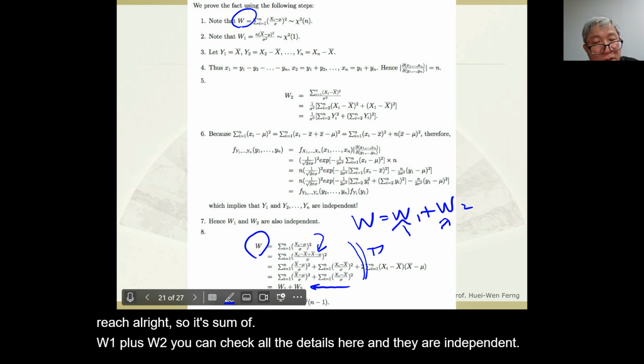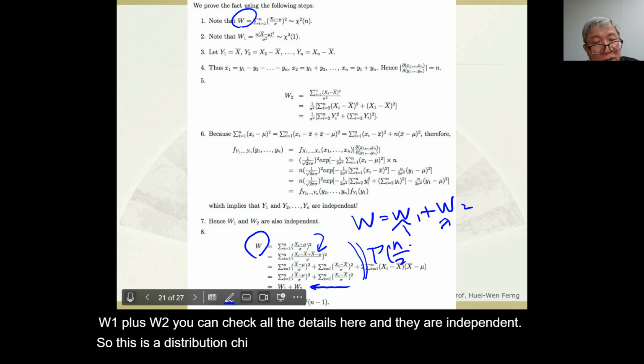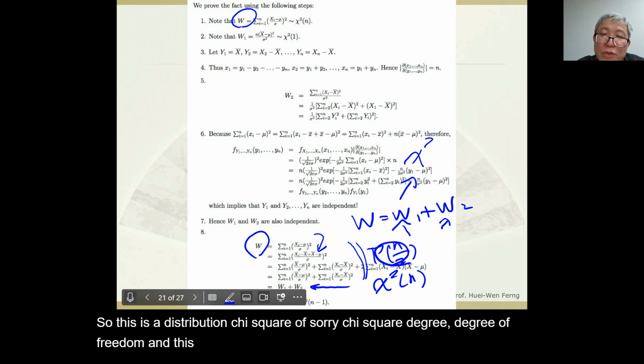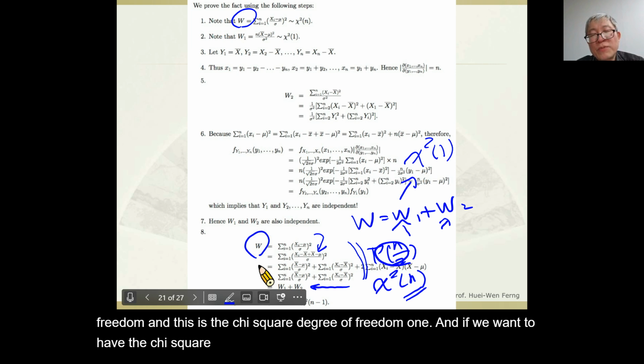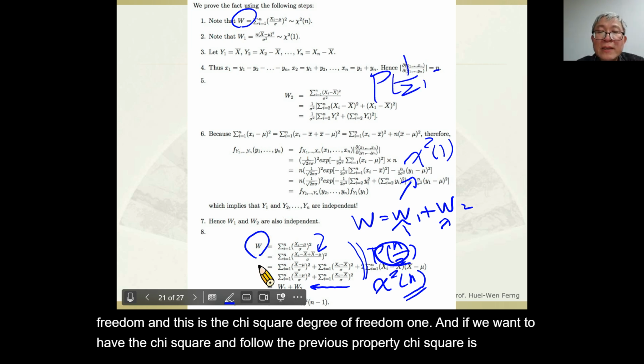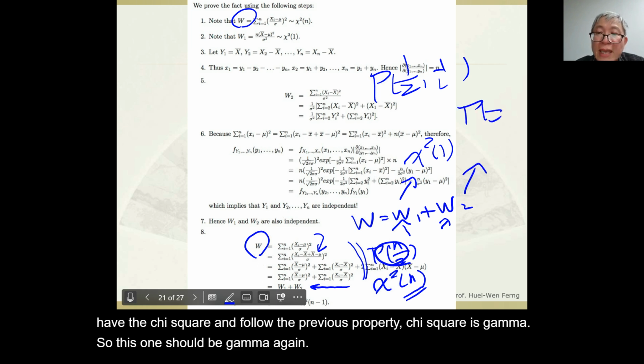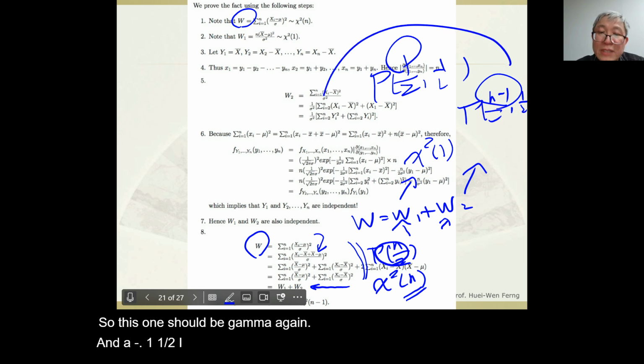So this is a chi-square distribution with degree of freedom n, and this is a chi-square with degree of freedom 1. If we follow the previous property, chi-square is gamma. So this one should be gamma again, with n minus 1 over 2 and a half. And the sum follows the degree of freedom of n.